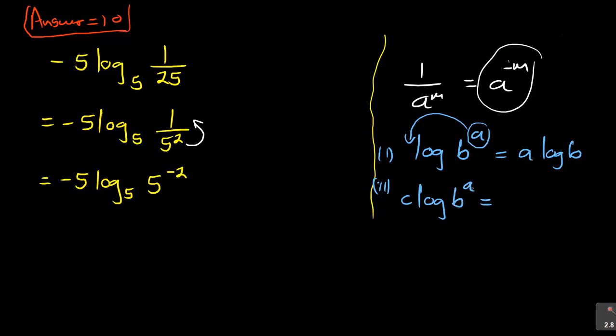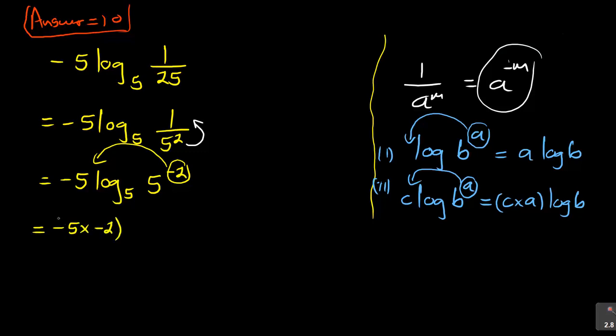Because there is c already, nothing changes. This a drops, but when it drops, it becomes c times a, put it in brackets, log b, which is what we're having in this scenario. So what happens is this negative 2, it must drop, and when it comes here to multiply. So this is equal to minus 5 times negative 2 in brackets. Then you've got log base 5 of 5.